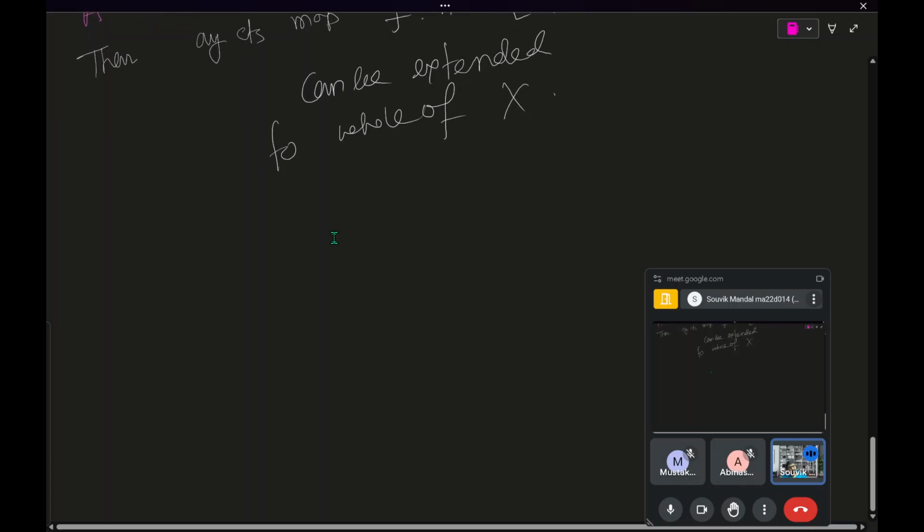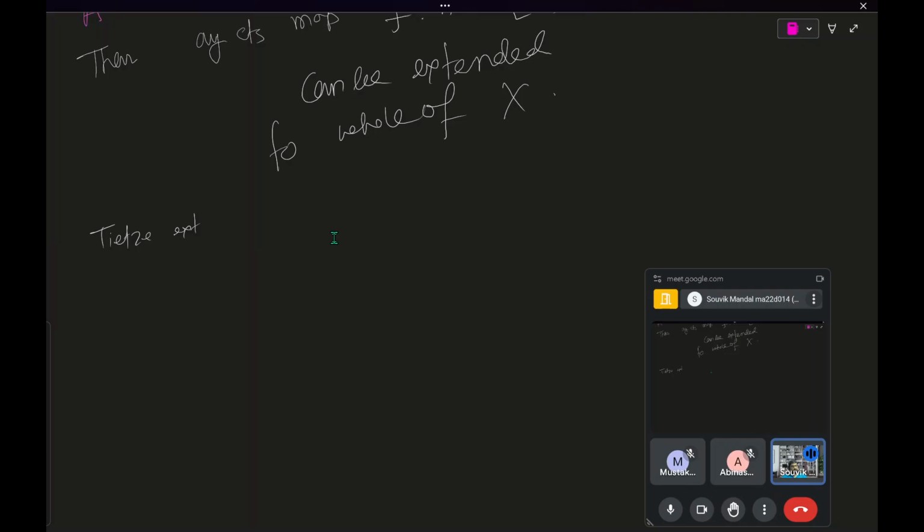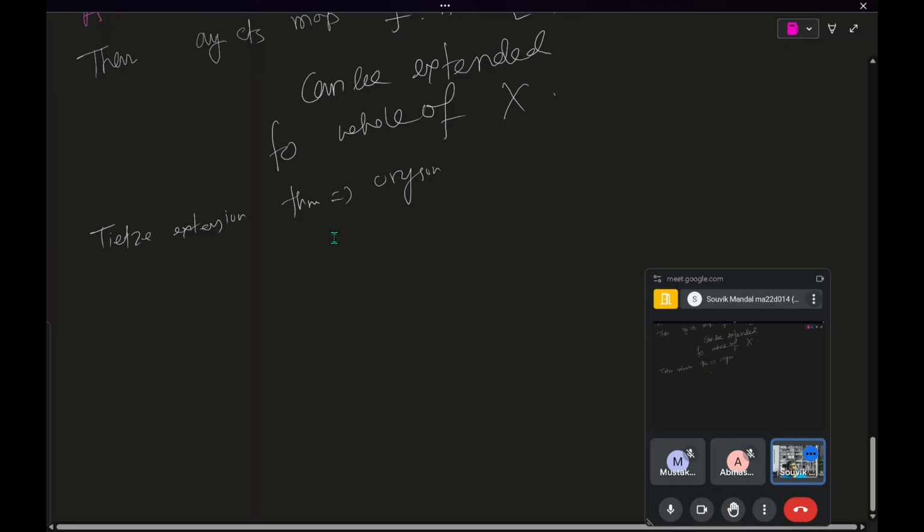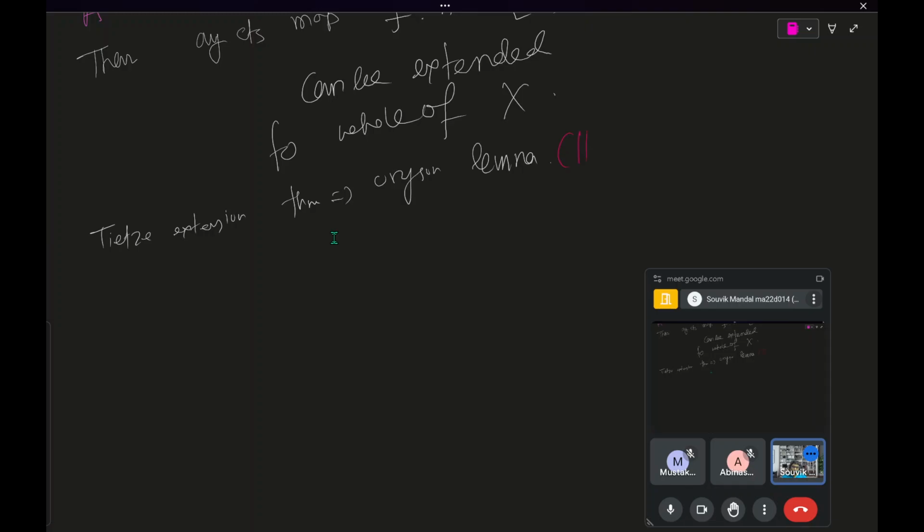So now the point is that Tietze's extension theorem implies Urysohn's lemma. How? Well, till now we have only discussed them separately. Now let's go with some arguments.